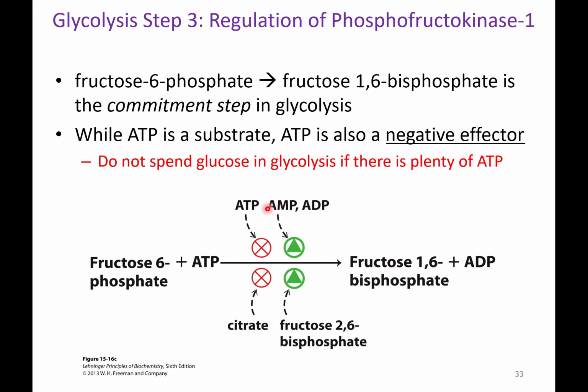When those nucleotides aren't fully phosphorylated, that turns this reaction on. Having a higher concentration of AMP in the cell is telling you that the cell needs energy, so you turn on glycolysis. Having more ATP around tells you our energy requirements are met, we can turn this off. The other things that maybe aren't so obvious, right?